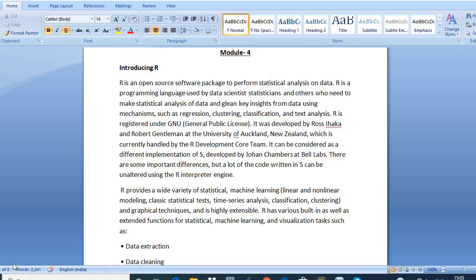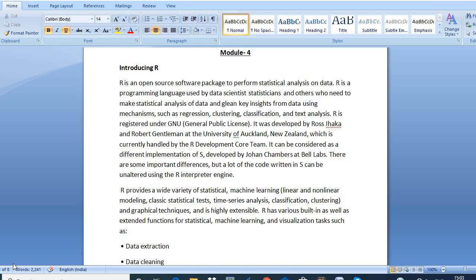It can be considered as an alteration of software called S. S software was developed by John Chambers at Bell Labs. There are some differences between R and S, but there are a lot of similarities. So a lot of code written in S can be understood by the R interpreter engine.